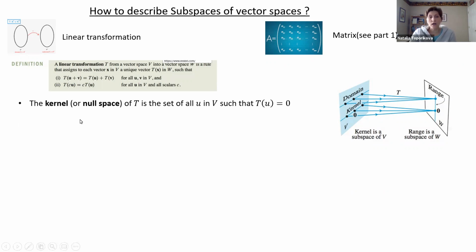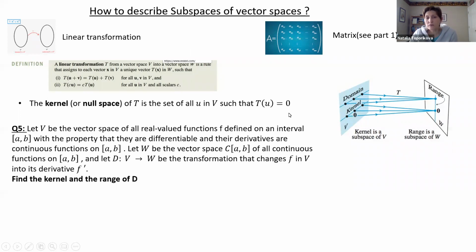So what is the null space or kernel of the transformation? Basically anything which has image equal to 0. So anything which transforms into the 0 vector in our range W. Sometimes it's easy to define, sometimes not so much, and you will see several interesting examples.